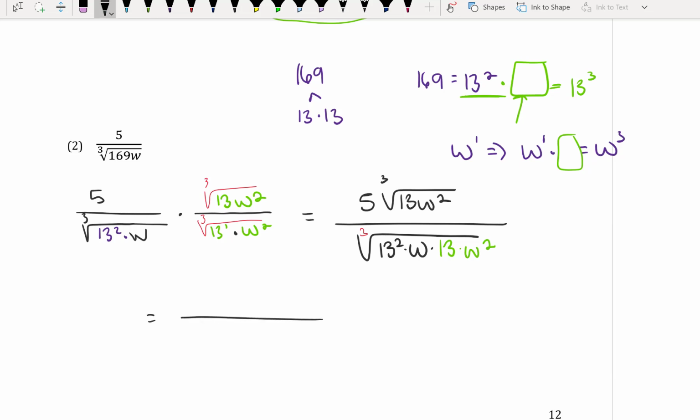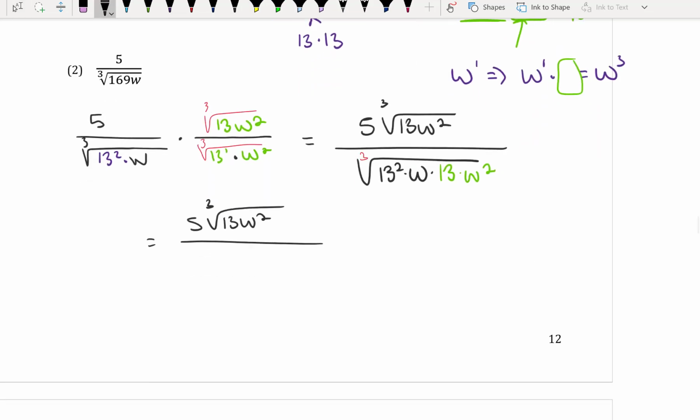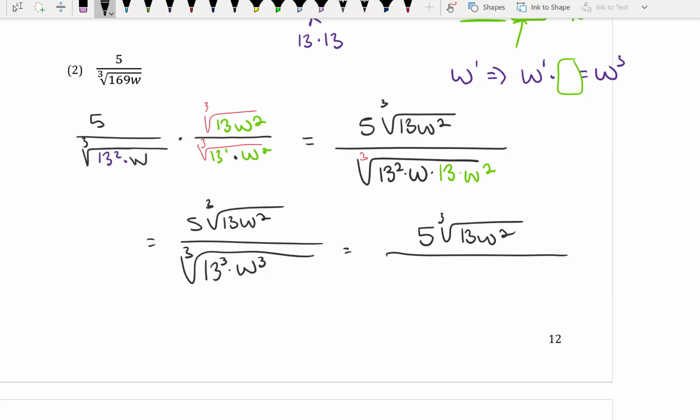The reason I did that is, you know that your numerator stays the same, so that's fine. But now, down at the bottom, for that third index, I have a 13 to the third power and a w to the third power. So I know that those are going to cancel out. My numerator still is the same. And since my index divides my exponent, I have a 13 that jumps out.